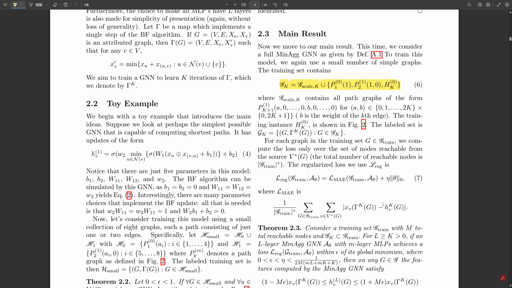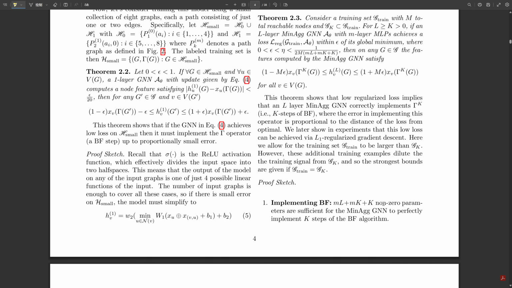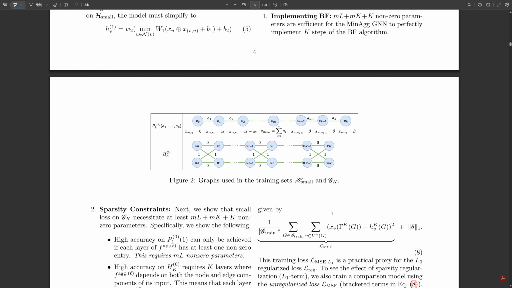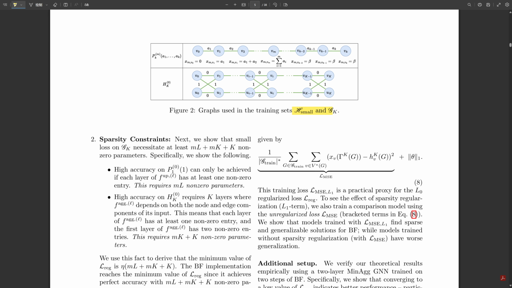What the theorem basically says is that if a MinAg GNN achieves a low training error on a specific set of well-chosen examples, and we keep those connection strengths sparse using regularization, then it can correctly carry out a certain number of Bellman-Ford steps, even on completely new graphs it's never encountered before. So with good training and sparsity, we can trust it to perform well even in uncharted territory.